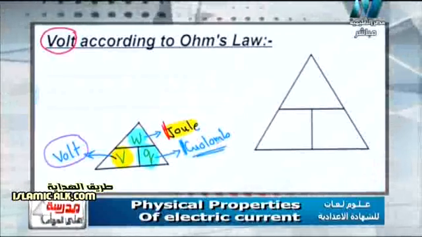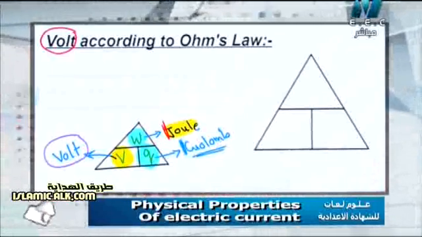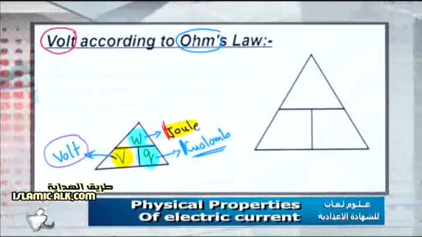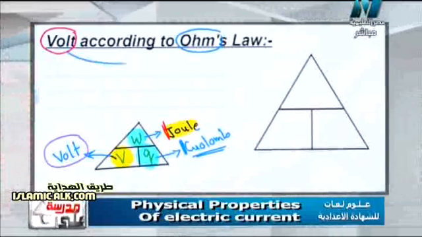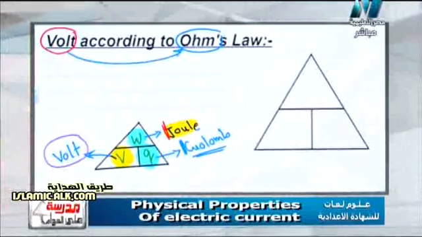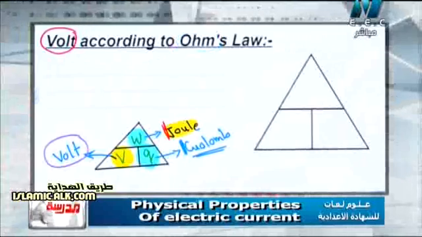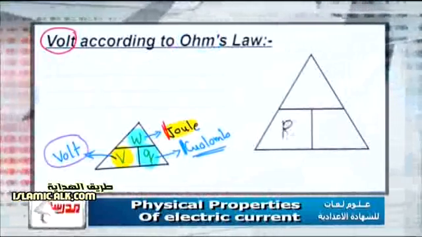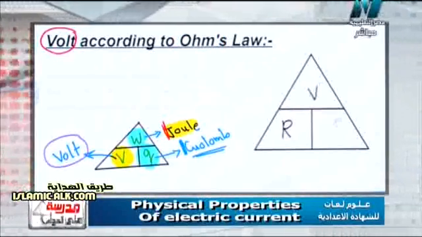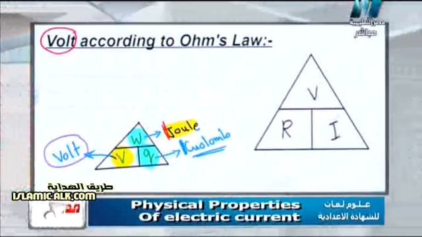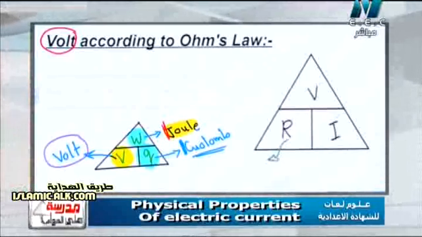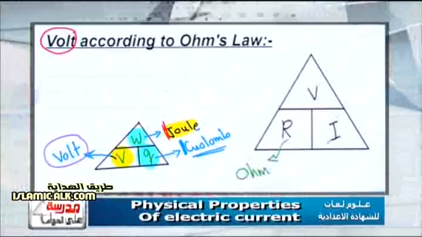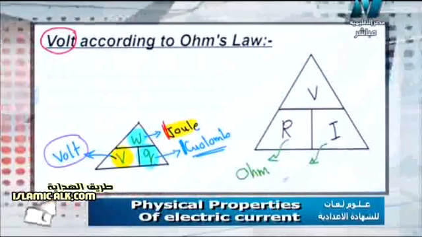So here we have to know Ohm's law. We define volt according to Ohm's law, so we should define volt from this magic triangle: R equals V over I. R, its measuring unit is ohm. I, its measuring unit is ampere.